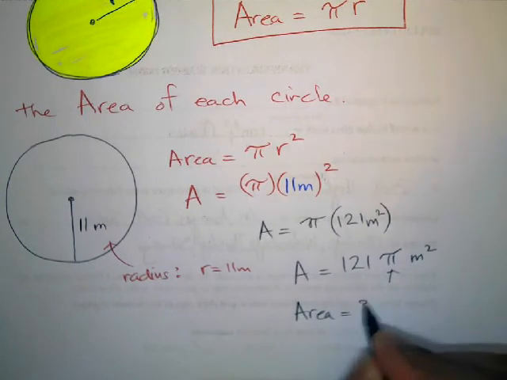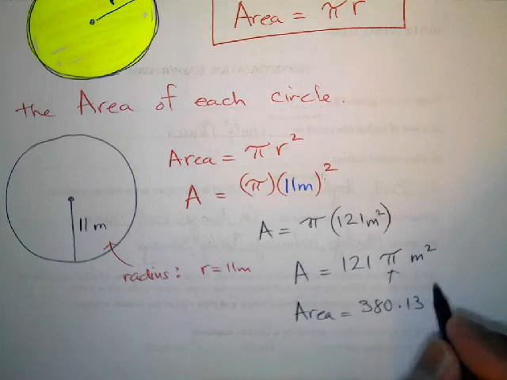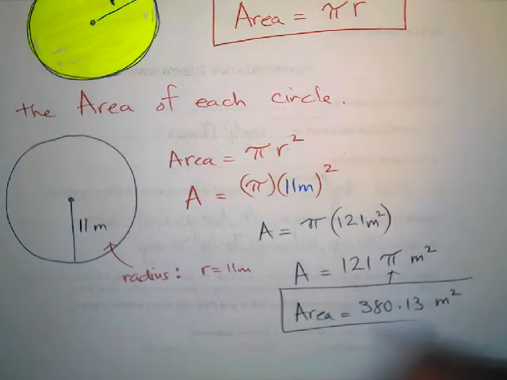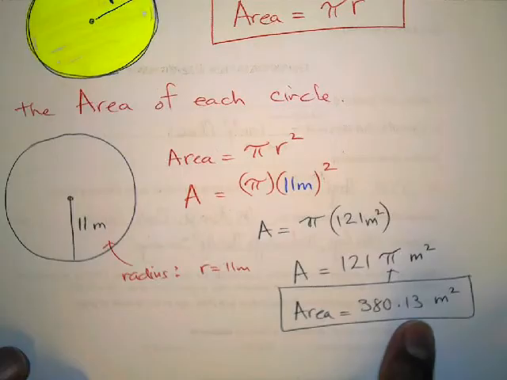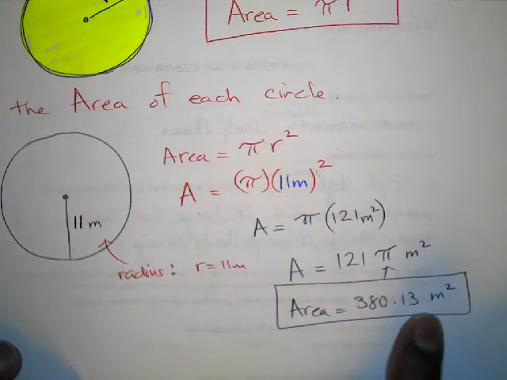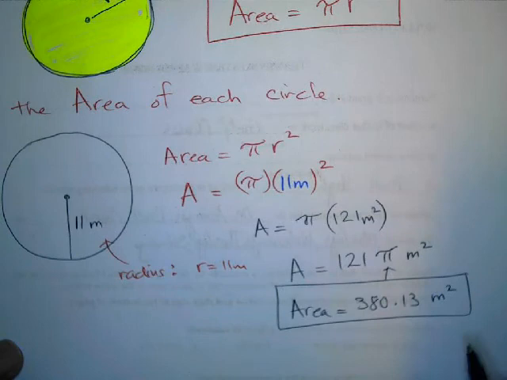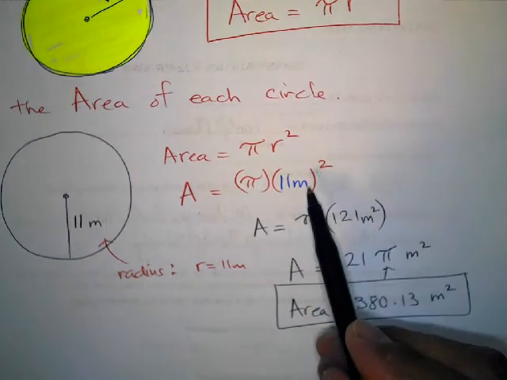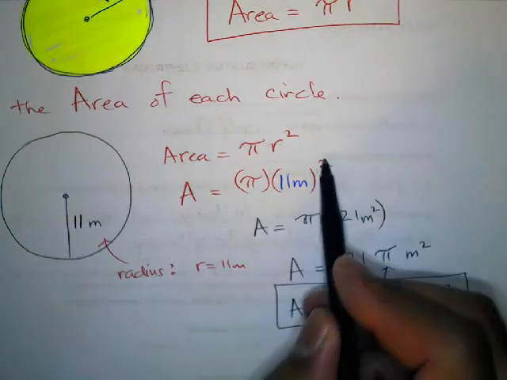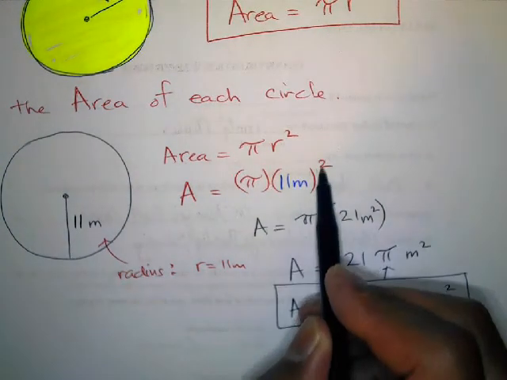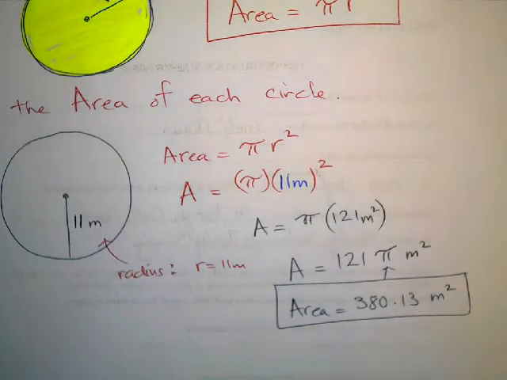The area is going to be 380.13 square meters. Square meters. And area is squared. The units are squared, so that's why you'll see the squared. And remember, where did it get squared? Right here. The 11 got squared. That's 11 times 11, and the m times m is m squared.